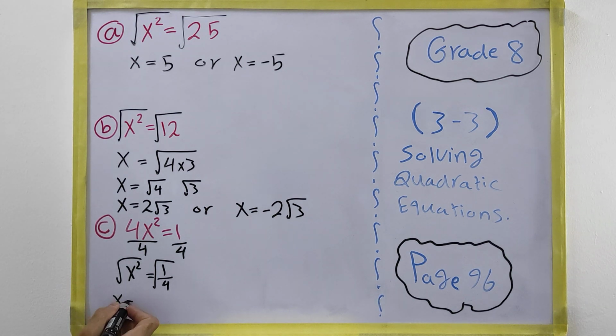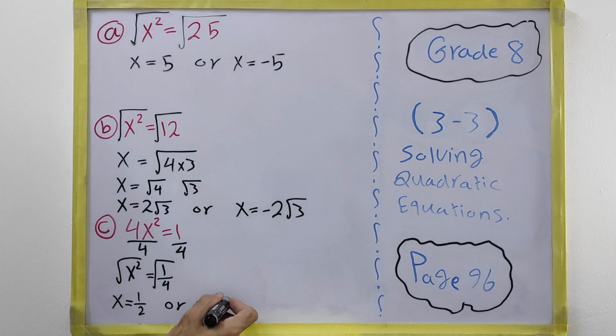X equals, it came from 1 multiplied by 1 or negative 1 multiplied by negative 1. It came from 2 multiplied by 2 or negative 2 multiplied by negative 2. It means x equals positive 1 over 2 or x equals negative 1 over 2.